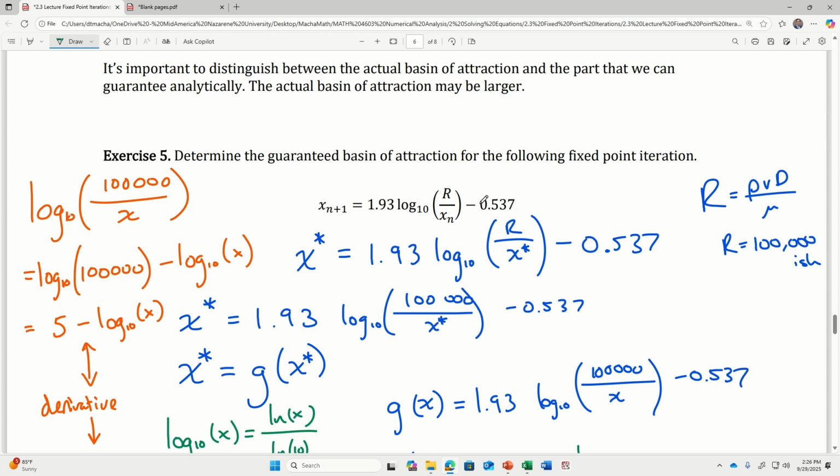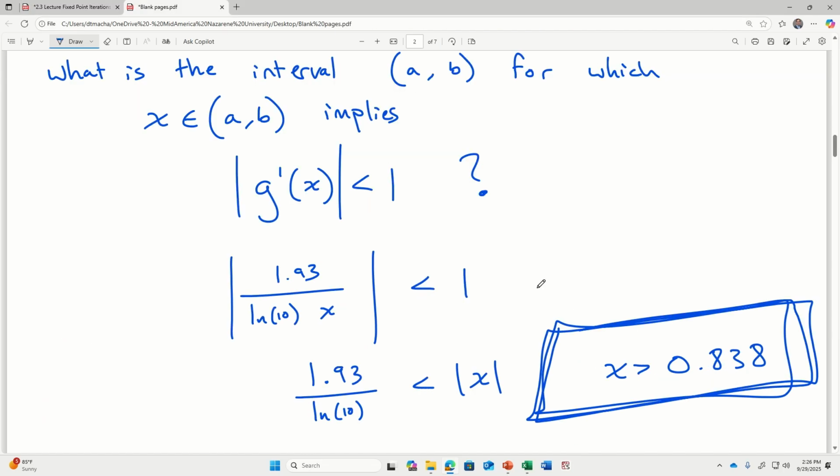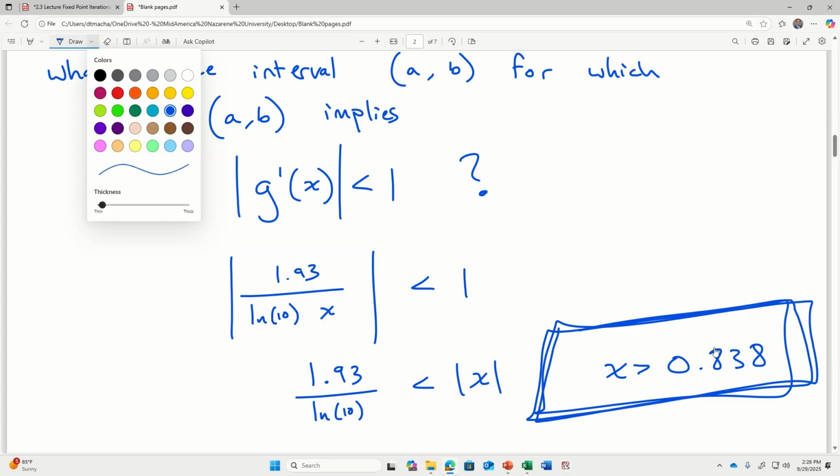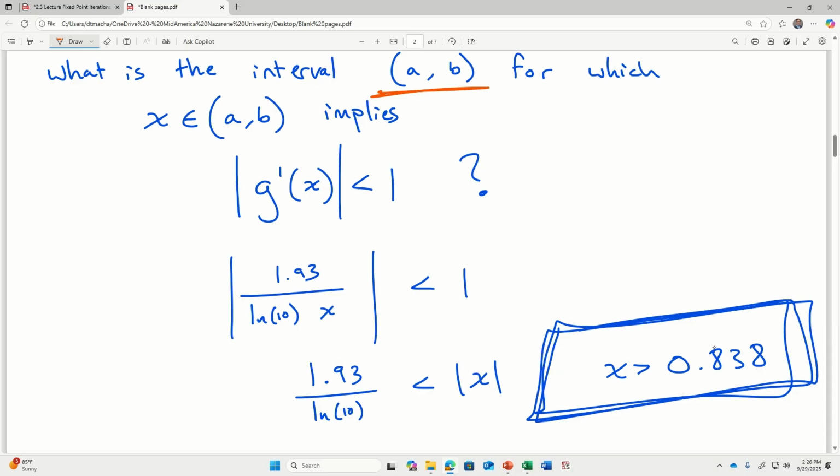I only care about positive values of x. Otherwise, it doesn't apply to my fixed point iteration. So the positive values of x that I care about are greater than 0.838. And so whenever I talk about my interval from A to B, my interval is the interval from 0.838 to infinity.